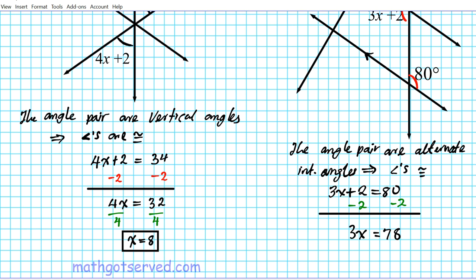Then divide both sides by 3, that's the coefficient of x. And then we have x equals: 3 goes into 7 2 times, remainder 1. 3 goes into 18 6 times. So the value of x is 26 units.